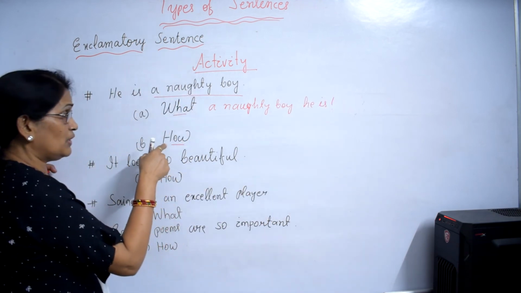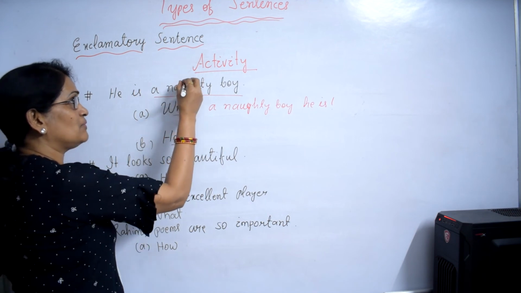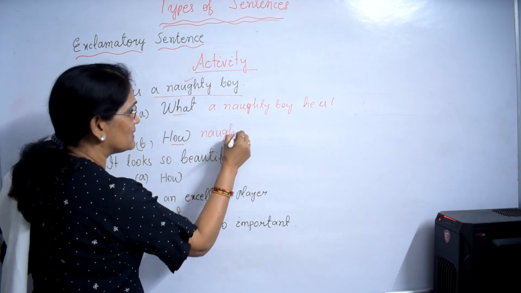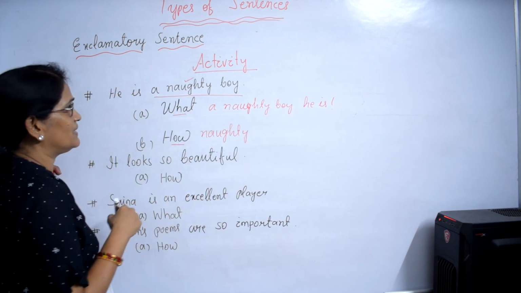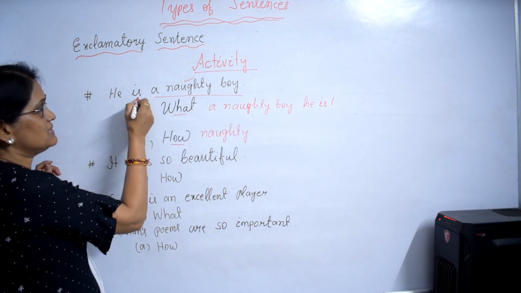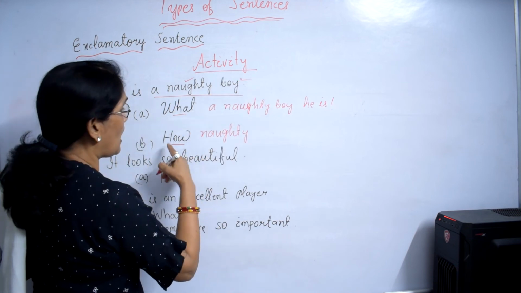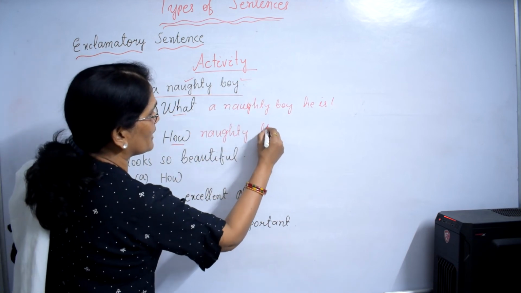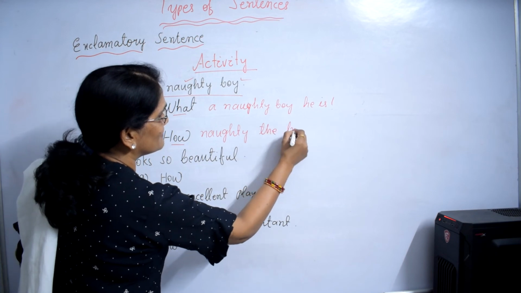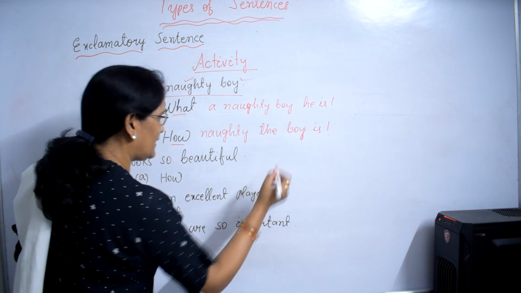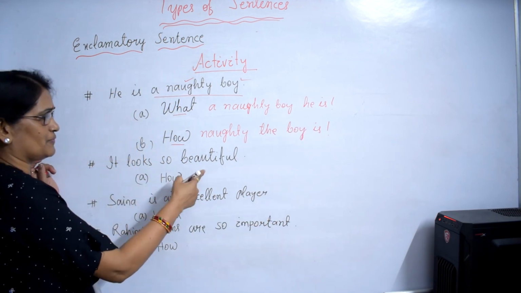When you use how, an adjective will come. How naughty. He is who? Boy. So, how naughty the boy is. Exclamation.